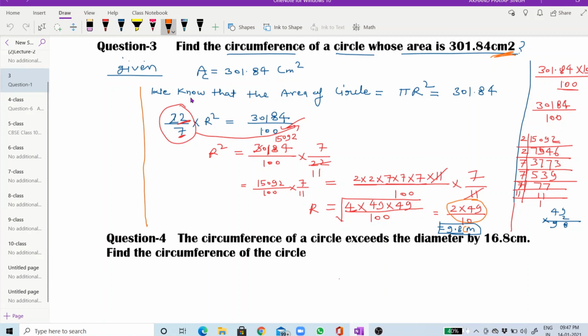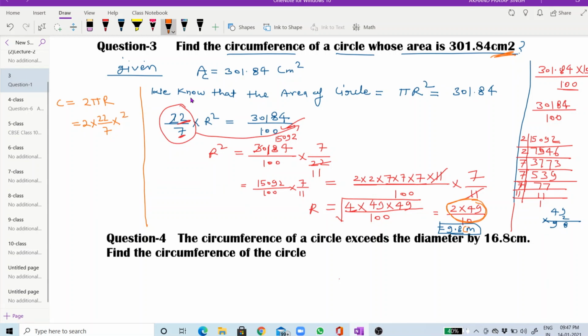Now find the circumference. So we know that the circumference is equal to 2 pi r. So I put the value 2 into 22 by 7 into r. So we put the value of r as 2 into 49 upon 10, not 9.8, because it's easy to solve this question.